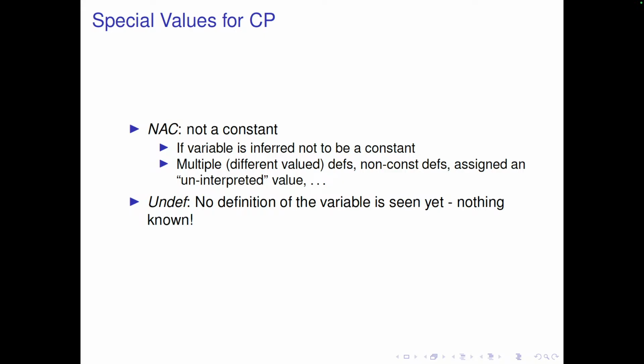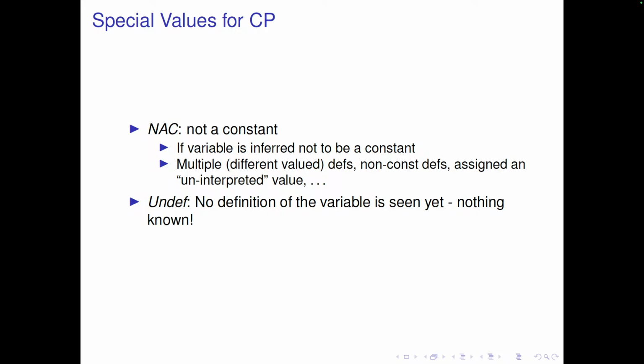Or you are assigned an uninterpreted value, say x equal to some function foo or xyz. At that point you don't know what xyz is going to return. Is it going to be a constant or not? In such cases also you would say, I don't know, it's not a constant. Some complex value.